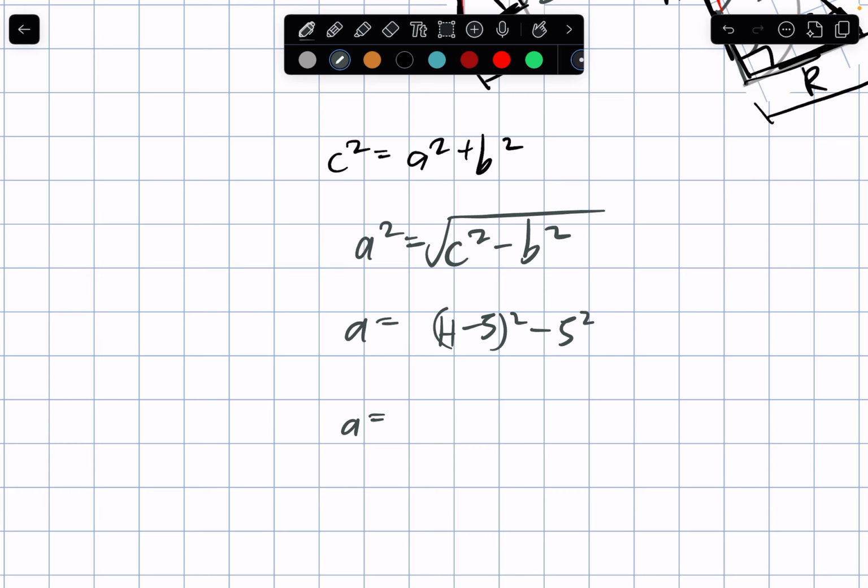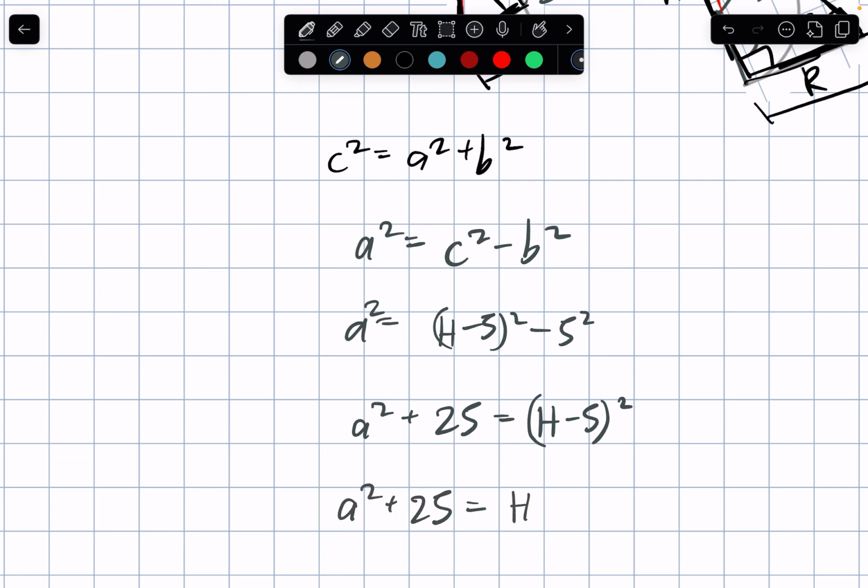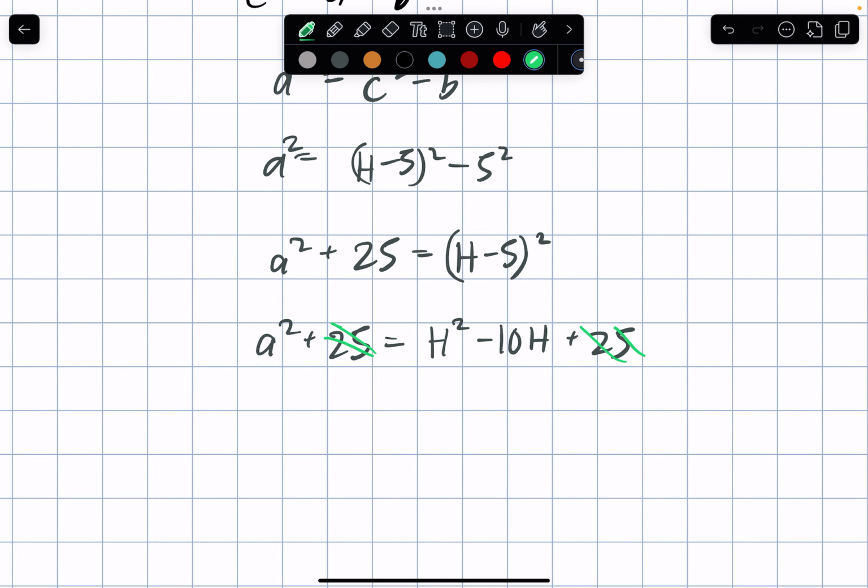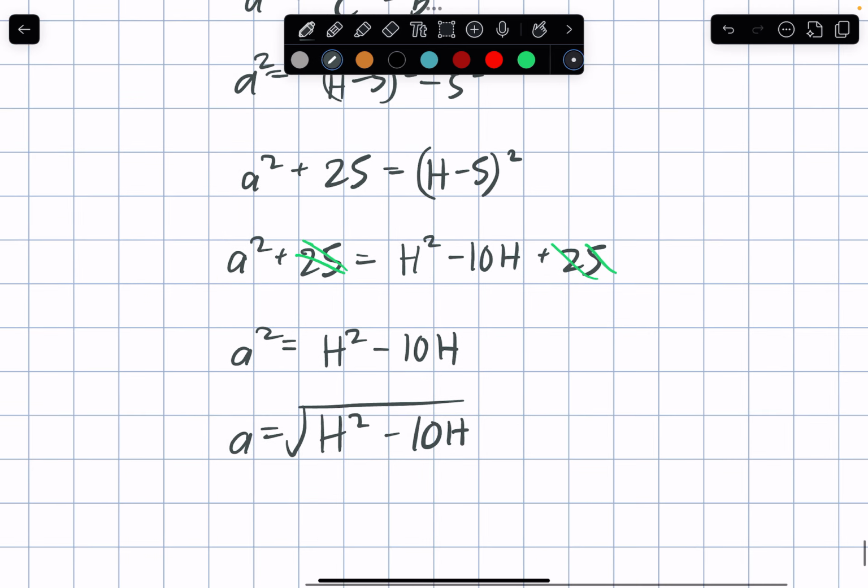Let's not put a square root. These can cancel. And then we square root. There you go.